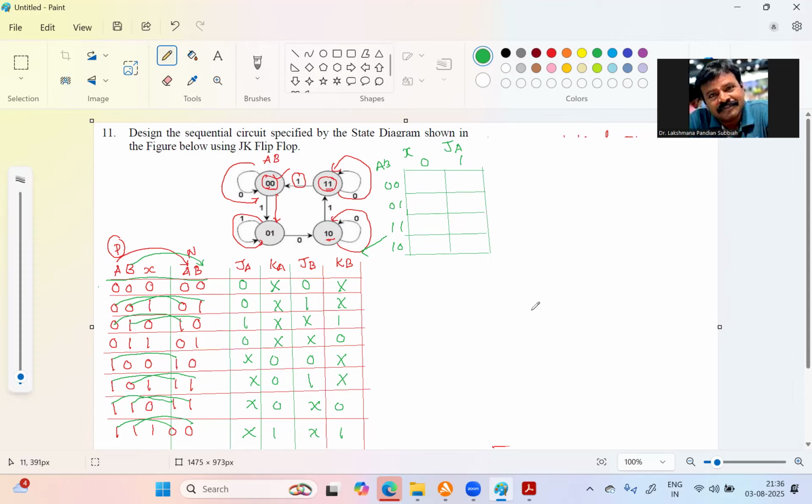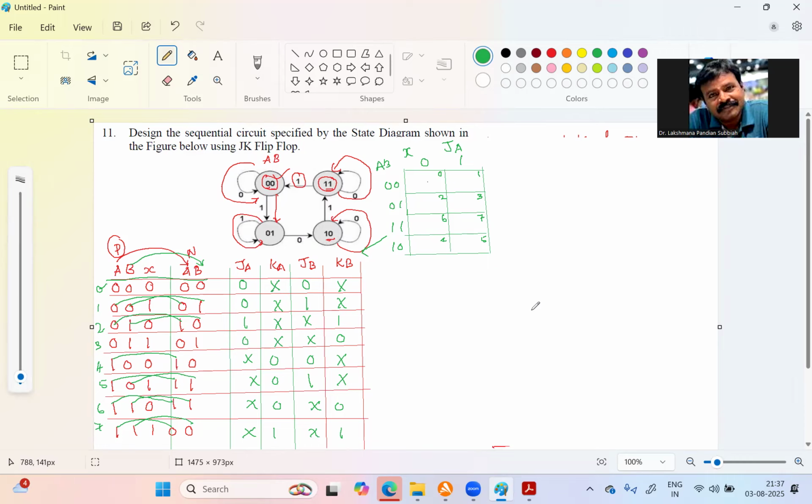Now here you have to start from 0, so that is 0 location, this is 1 location, this is 2 location, this is 3, this is 4, this is 5, this is 6, this is 7, in that order, right?